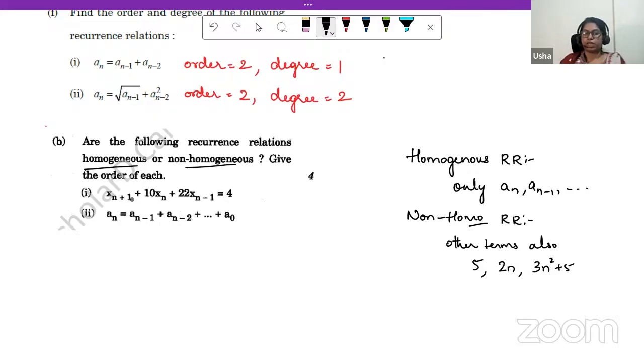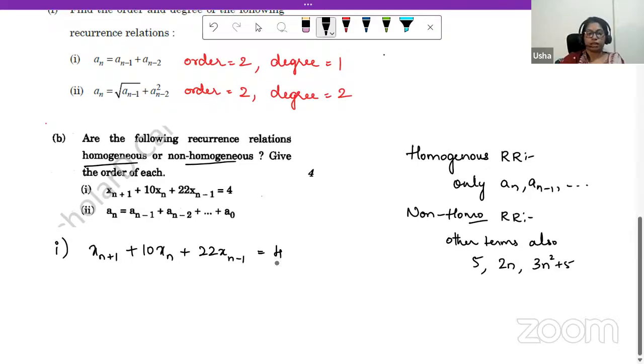Now for the first one, it is not n minus 1, right? It is n plus 1 and all that. So always write it in the second form, that is an minus 1, an minus 2. It should not have n plus 1, n plus 2. If it is that, change it. So the first one is xn plus 1 plus 10xn plus 22xn minus 1 equals 4.